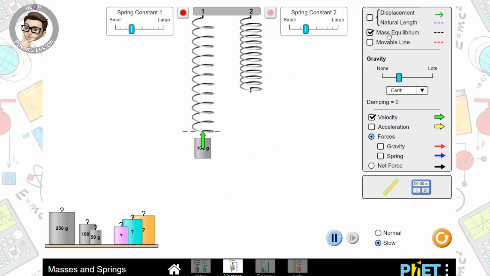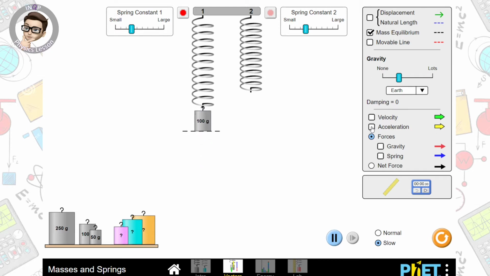And let's put the equilibrium line in as well. So when the mass reaches the amplitude, you can see the velocity is changing direction. It reaches 0 before it changes direction, and obviously is at its maximum value as it passes through that equilibrium line.